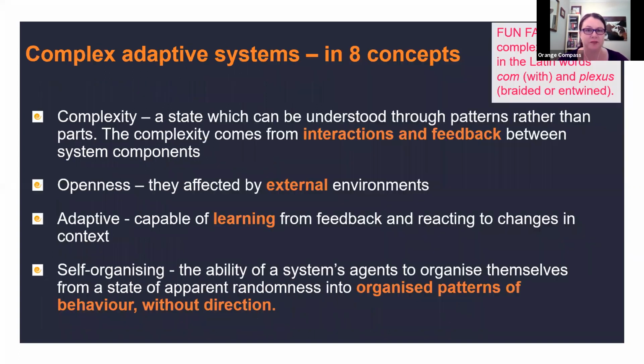What I'm going to do here is give you an introduction to complexity and complex adaptive systems in 8 concepts. Hopefully I haven't overly summarized everything, but this is really deriving from all the different literature, recognizing that complexity theory comes from a whole range of disciplines, everything from cybernetics through to soft systems methodology.